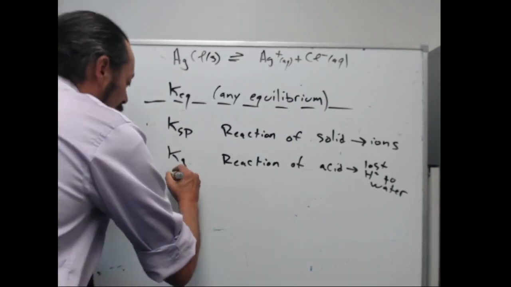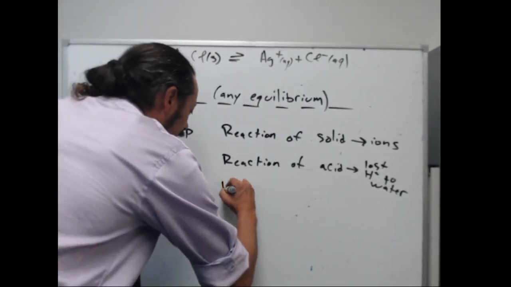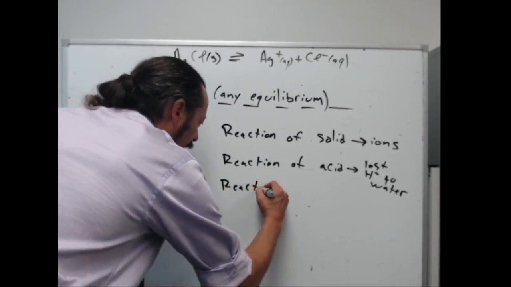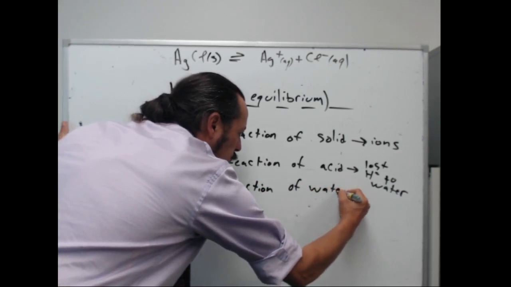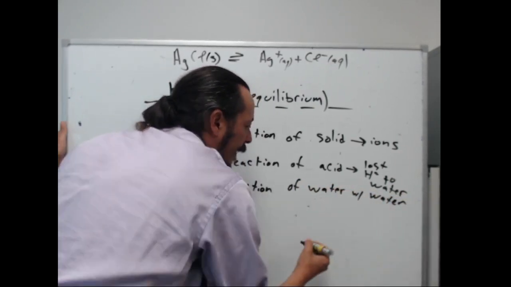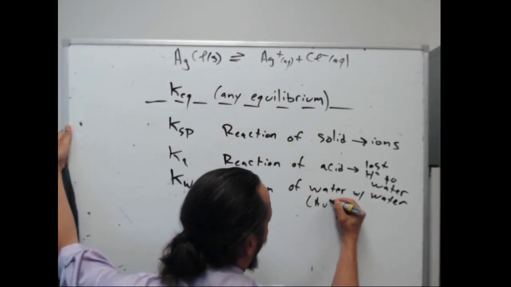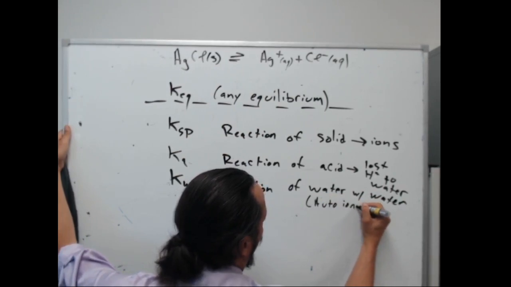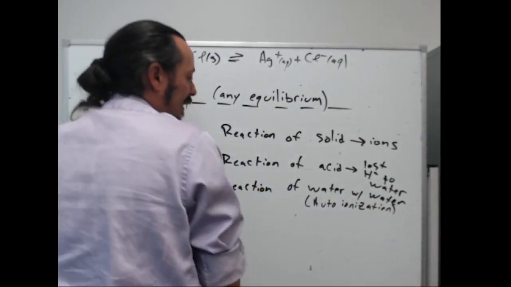Same thing if we want to talk about KW. That's the one that we're going to use a lot. This is the reaction of water. Water reacting with water. I know that sounds weird. We call it the autoionization of water.